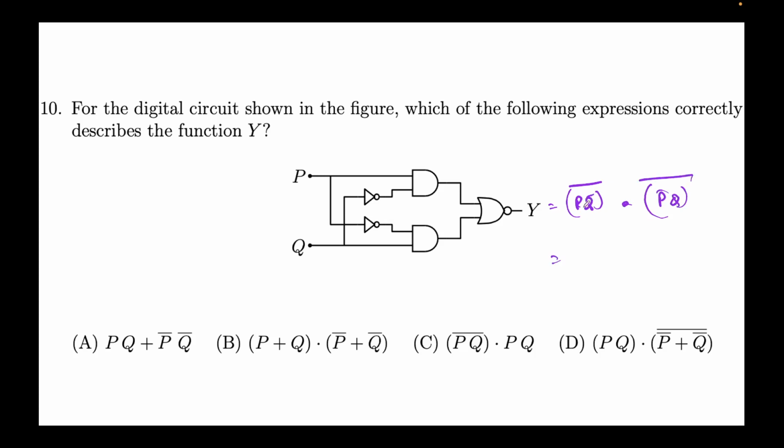Now you again apply DeMorgan's law over in this bracket. So it will be P bar plus Q bar whole bar, times P bar whole bar plus Q bar.